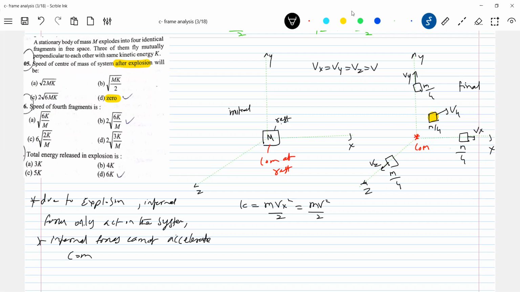Applying conservation of linear momentum: don't write components, the momentum you have to convert in space. Initial momentum is 0. Final momentum is m by 4 v i cap, m by 4 v j cap, m by 4 v k cap plus m by 4 v4 bar.